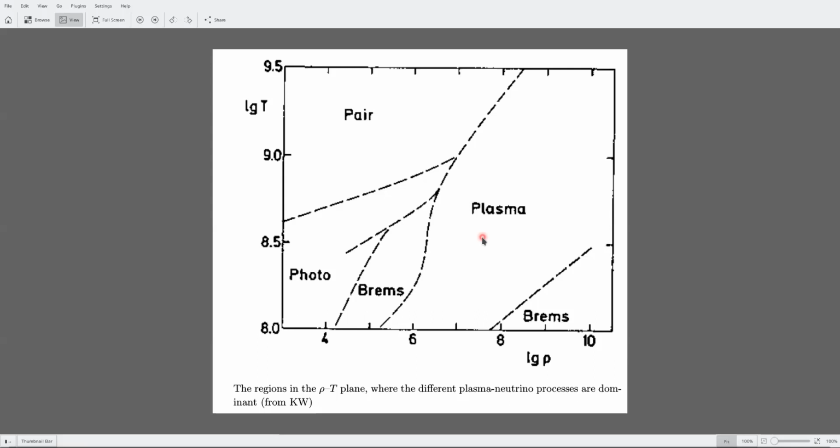So you need a high density, and usually the energy of the photon could be quite high. So it's in this part that the interaction with the plasma can produce neutrinos. Here the plasma dominates. Here the pair dominates. Obviously, you are always producing, but if you are too low, for example, you cannot produce enough neutrinos.